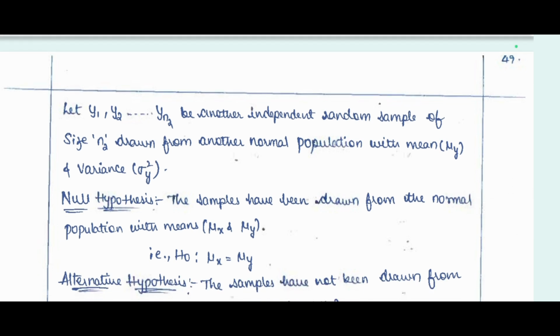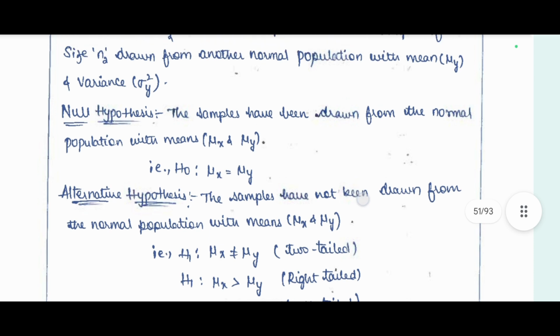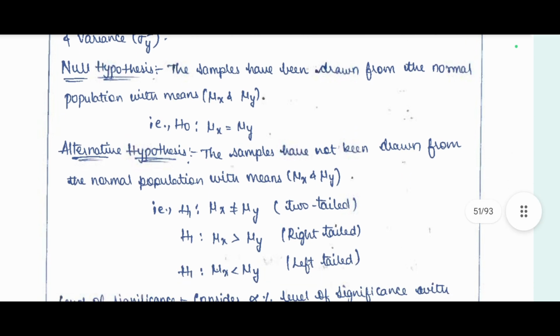The population mean is mu2 and variance sigma 2 square, or you can put it as y. What is the null hypothesis? Both means are equal. The alternative hypothesis: both means are not equal.